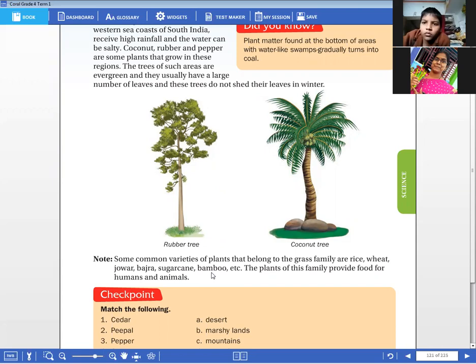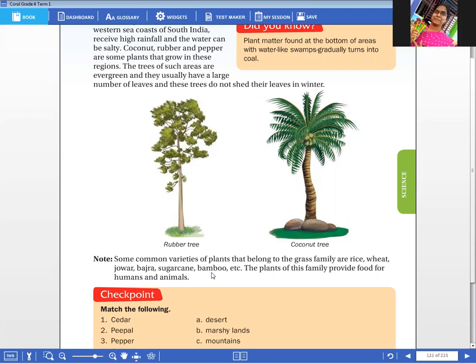So these all are the plants which usually belong to the grass family, meaning they have somewhat similar characteristics to grass. Those are rice, wheat, jowar, bajra, sugarcane, and bamboo. The plants of this family provide food for humans and animals. See children, yes or no?